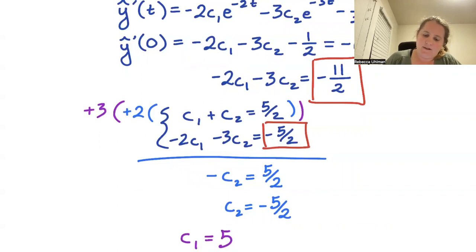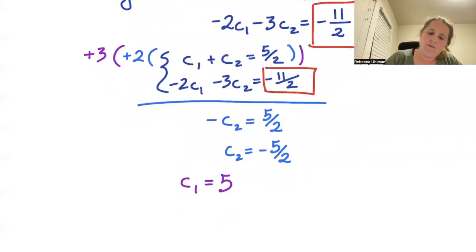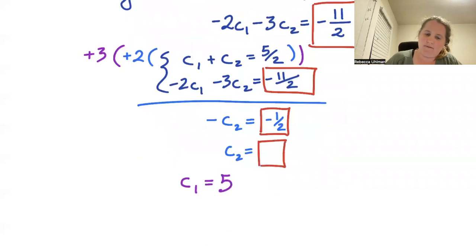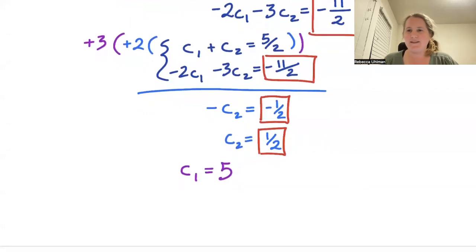This should say negative 11 halves. Therefore, we have negative c2 is equal to negative 1/2, or c2 is equal to a positive 1/2. I apologize. I make careless arithmetic errors every once in a while, as I'm guessing all of us do.